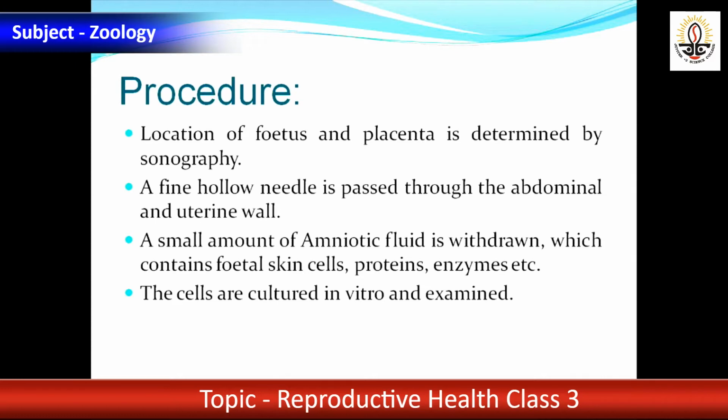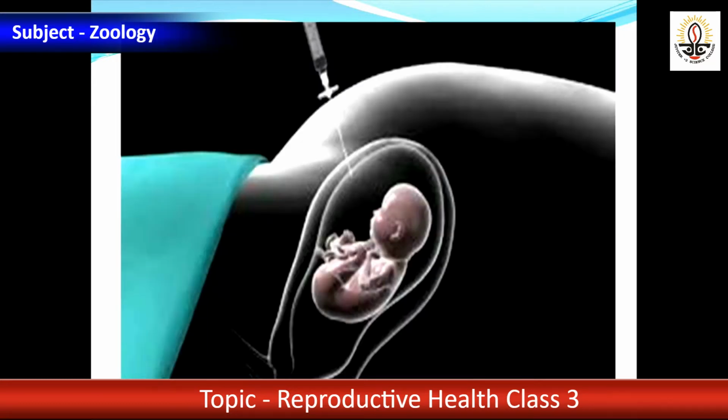The procedure is written here: the location of the placenta is determined, a fine hollow needle is passed into the abdominal cavity, and a small amount of amniotic fluid is withdrawn, which contains fetal skin cells, proteins and enzymes, and they are examined in vitro, outside the body.